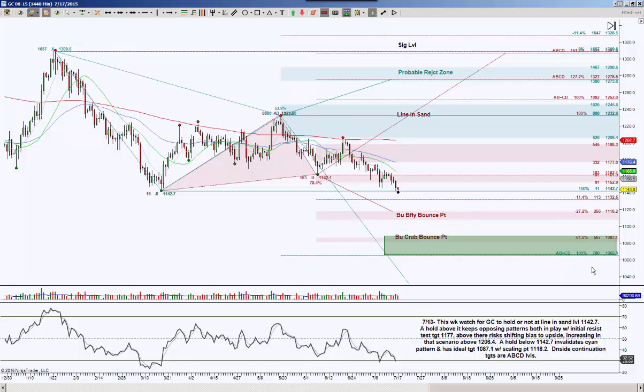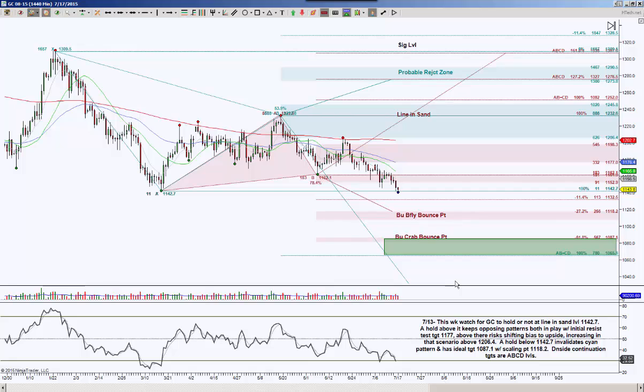Because I would anticipate at least a rejection at the first test, and how much it's able to retrace will be key to determine whether it's going to try to then go and test all levels inside the PRZ or continue on with the retracement target.